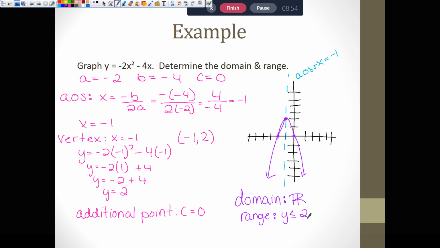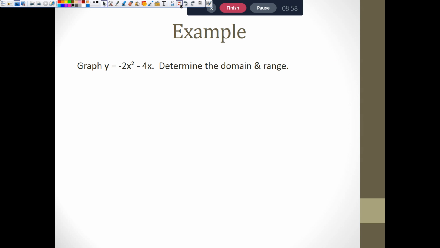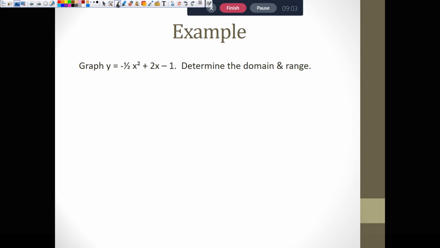Okay, let's try another one. So let's label our A, B, and C. A equals -1/2, B equals 2, and C equals -1. So our axis of symmetry is x equals -b over 2a.